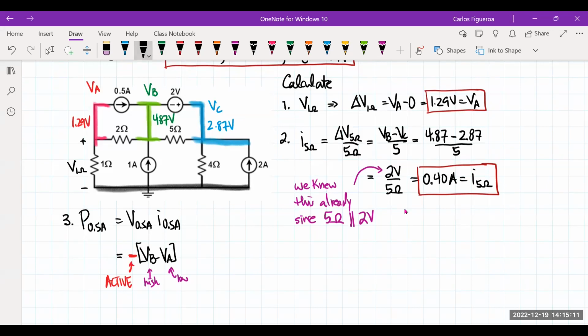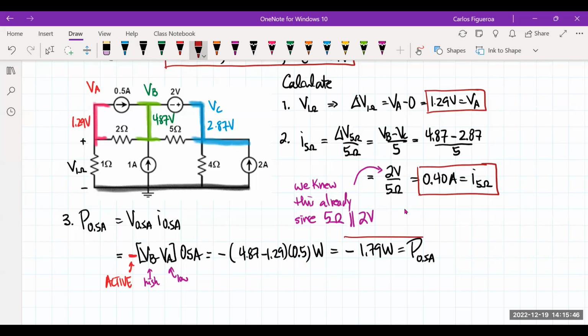So if I multiply this out, and this guy's going to be 0.5 amps, I'm going to get minus the quantity of 4.87 minus 1.29 volts times 0.5, and this will be in units of watts. Then I get a value that equals 1.79 watts would be the power of the 1/2 amp source. And again, we know that this source is active.